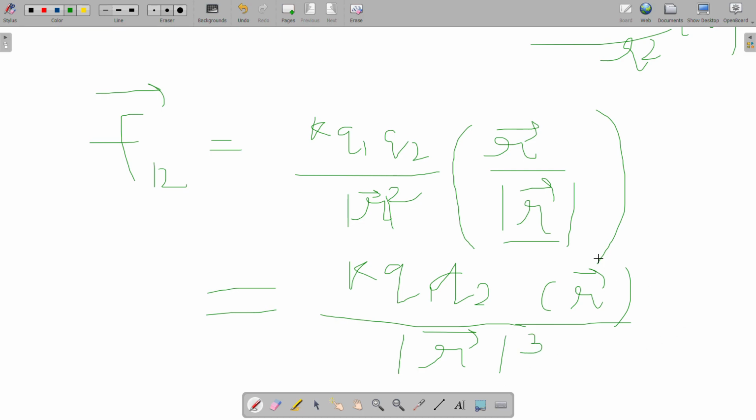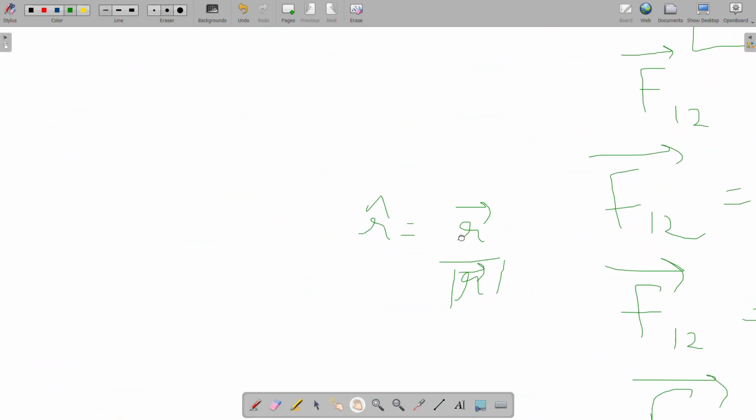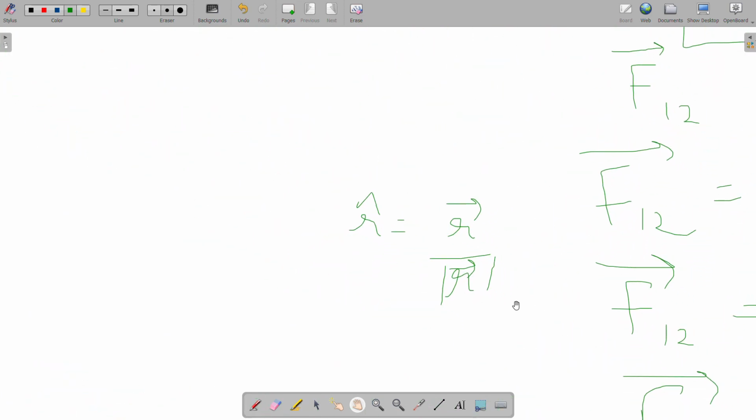Now, you might think that it's dimensionally wrong. It's not. You might be thinking that it's cubed down there, and if we talk about the dimensions of force, it shouldn't be cubed, it should be squared. But you can see there's an R vector above here, and you might argue that it was R cap already, but I told you R cap is defined as a unit vector, which is the same vector divided by the magnitude of the same vector, units cancel, and it is unitless.